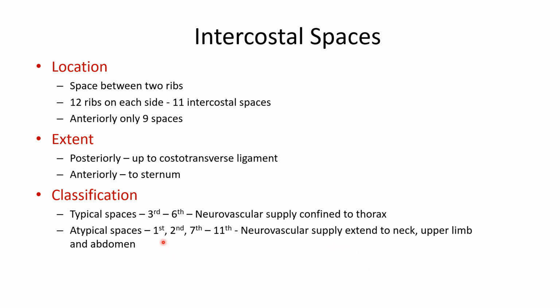For example, the 1st, 2nd, and 7th to 11th are atypical spaces, as the neurovascular supply extends to the neck and to the upper limb in the 1st and 2nd spaces, and to the abdomen in the 7th to 11th spaces.